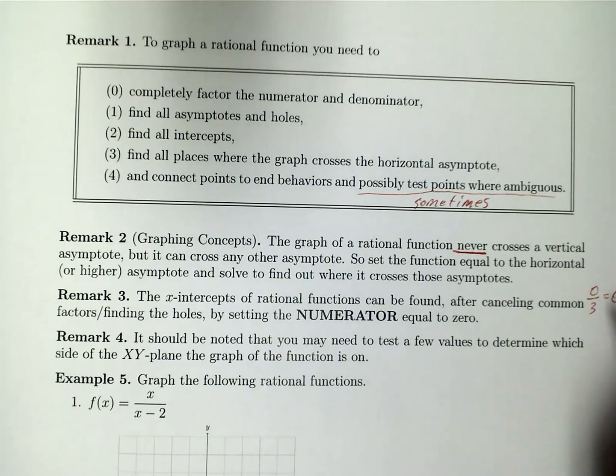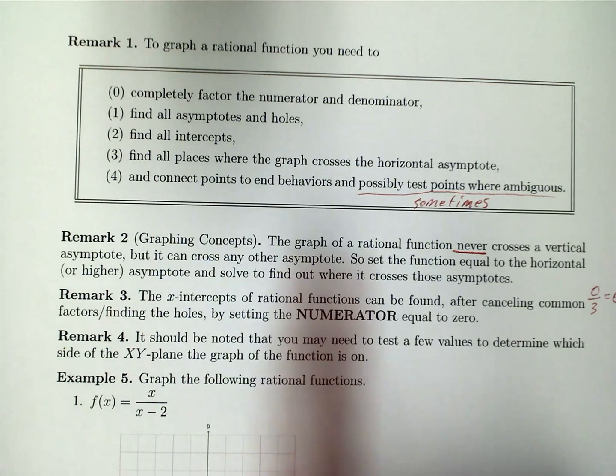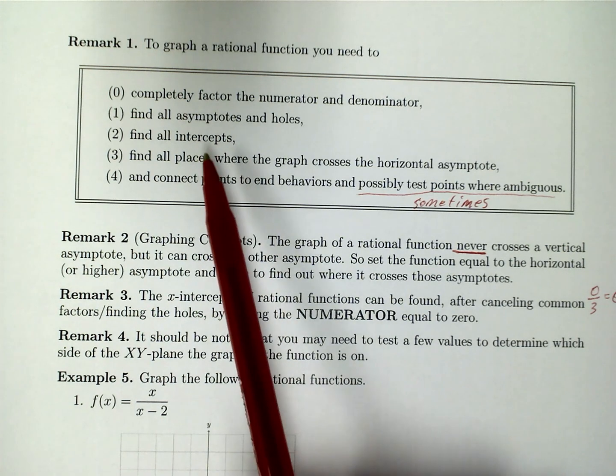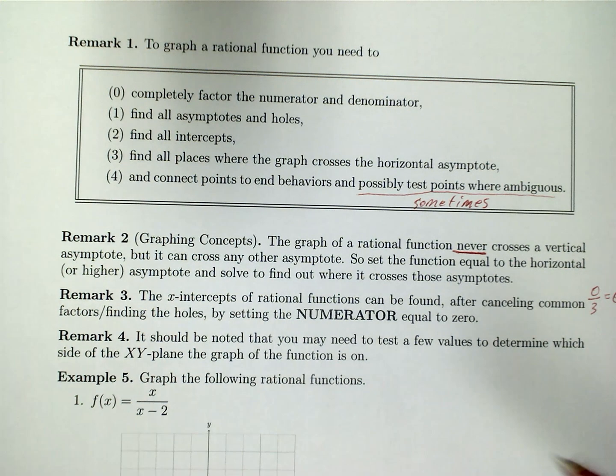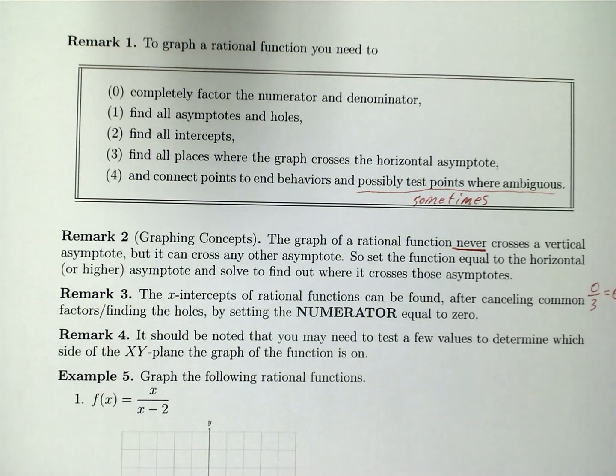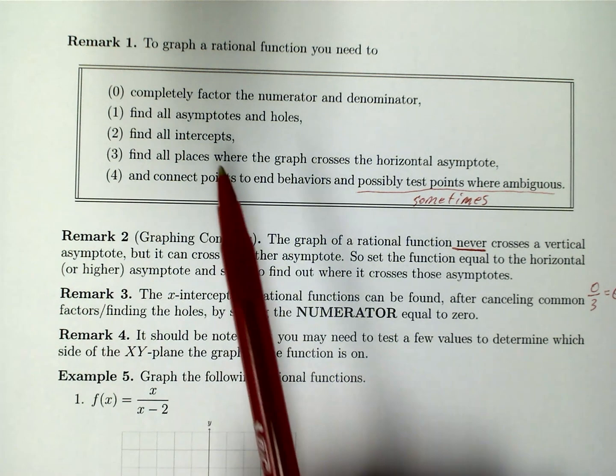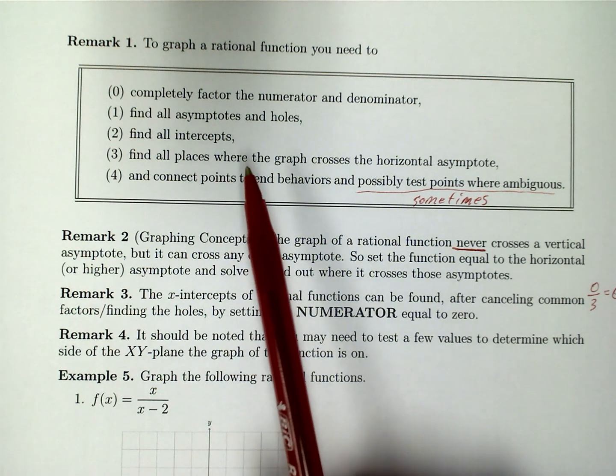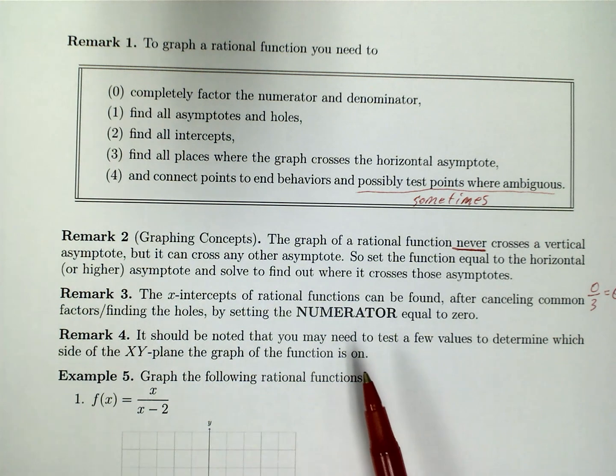And again, just like with vertical asymptotes, you want to find your x-intercepts after you've canceled out holes to not have extraneous solutions. So for x-intercepts, set the numerator equal to 0. For vertical asymptotes, set the denominator equal to 0.